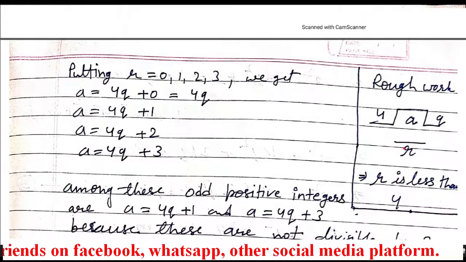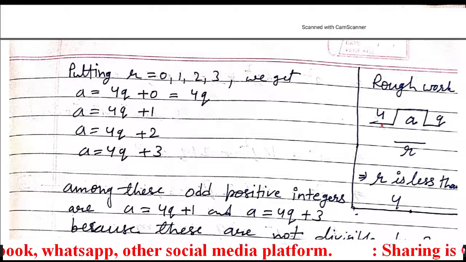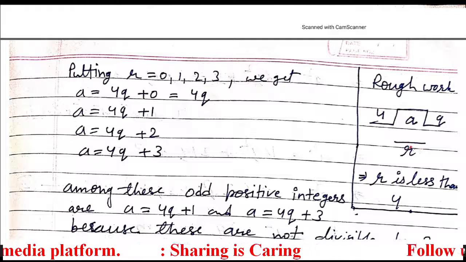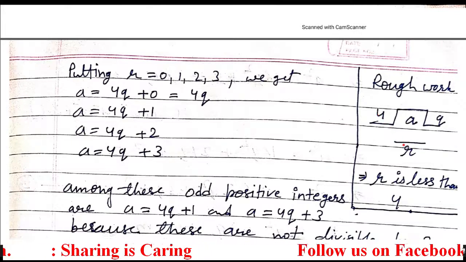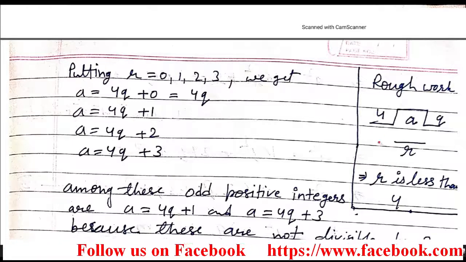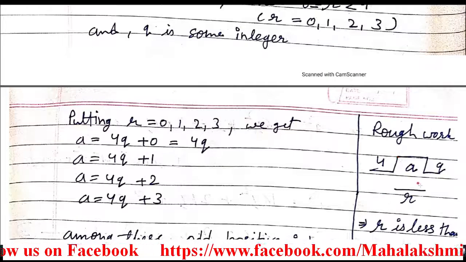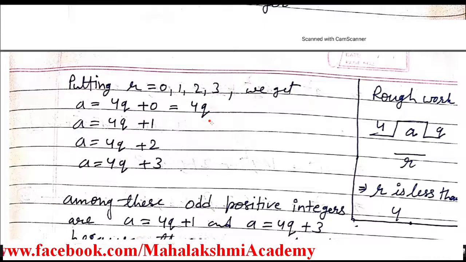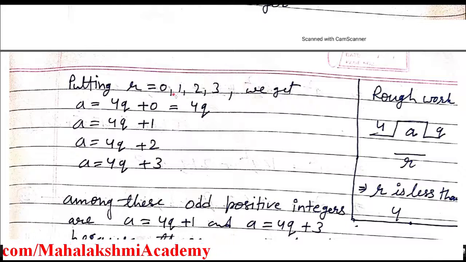And since r is the remainder, it should be less than 4, because we know the remainder is not going to be more than the divisor. If it is, then the division is wrong. So from this division I wrote here the division rule. Now, students, I substituted the values of r, first 0, then 1, 2, 3, and then I got these 4 options.